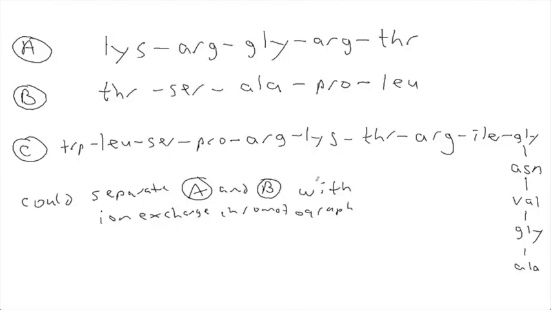So let's say that you actually have a sample with A, B, and C. The B would separate from the A. Let's say that this is our target, and B and C are the contaminants. How can you separate A and C? Would ion exchange chromatography work for separating A and C?